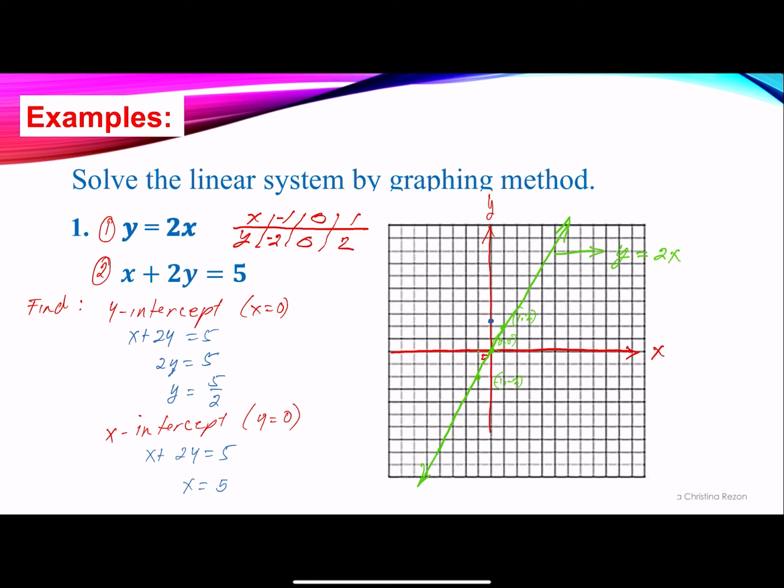So that point is 0, 2 1/2. And then your x-intercept is 1, 2, 3, 4, 5. So this is your x-intercept, which is 5, 0. So we connect that.